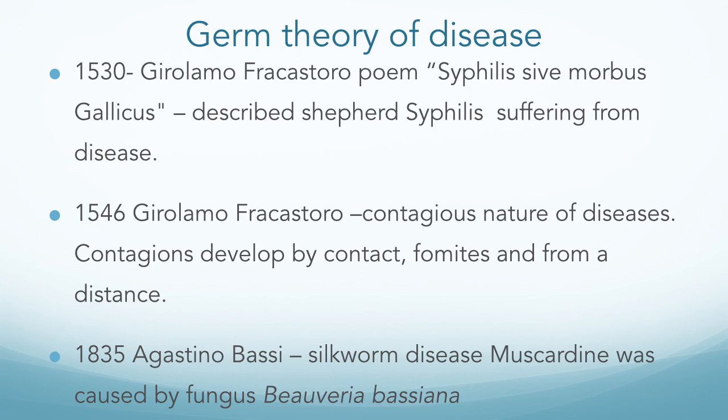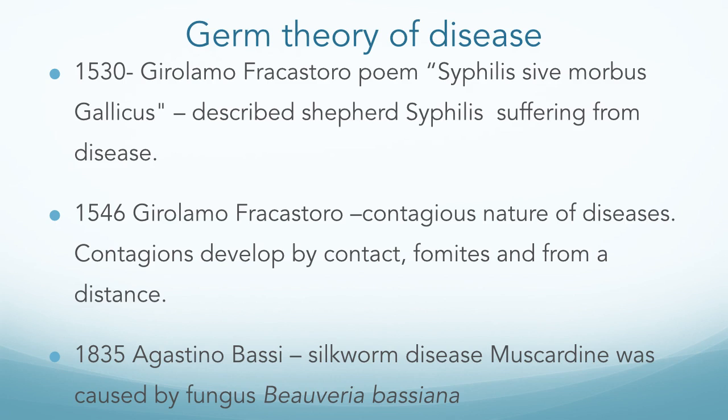In this poem, he described the shepherd Syphilis who had the disease which has since come to be known as syphilis. In 1546, Girolamo Fracastoro recognized the contagious nature of diseases.